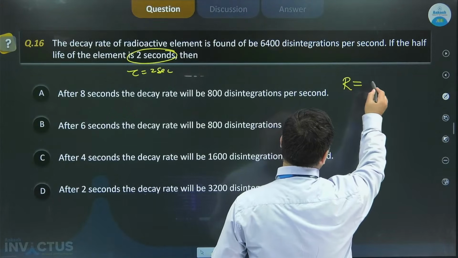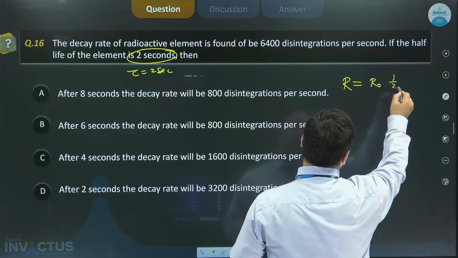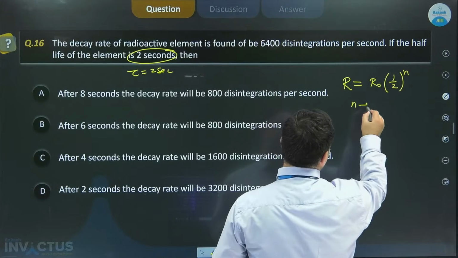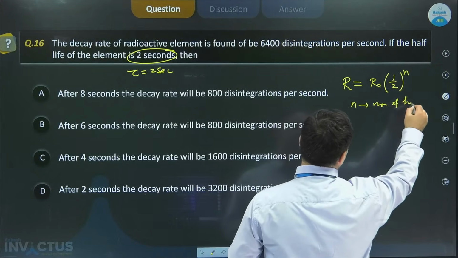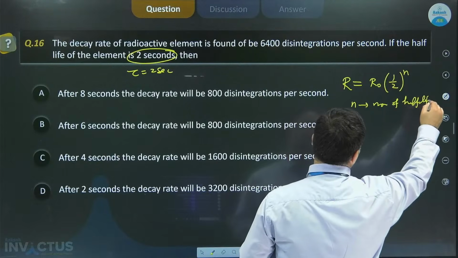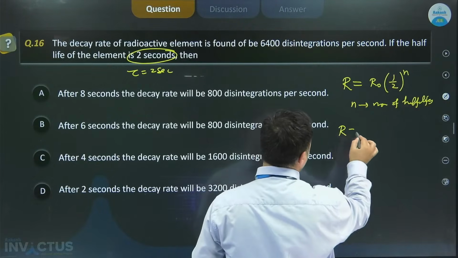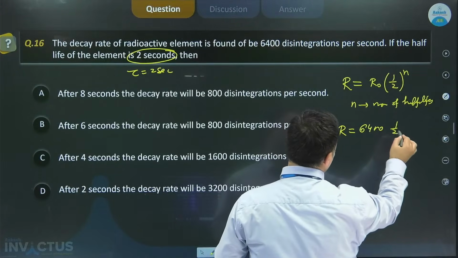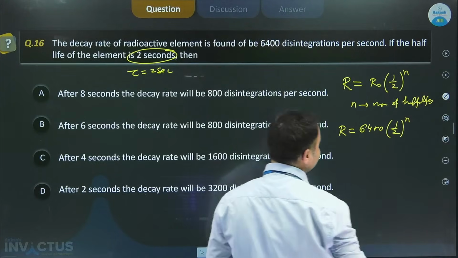So activity can be written as R0 into 1 by 2 to the power n, where n is the number of half-lives. So R is equal to R0, initial activity is 6400, times 1 by 2 raised to the power n.